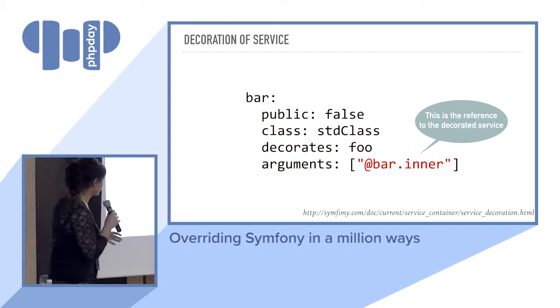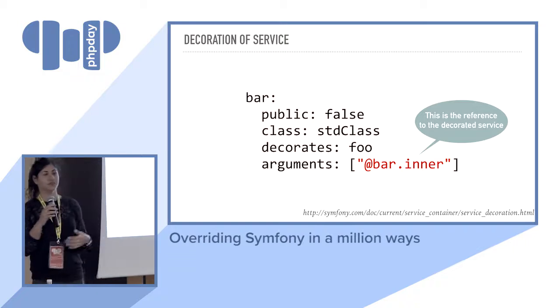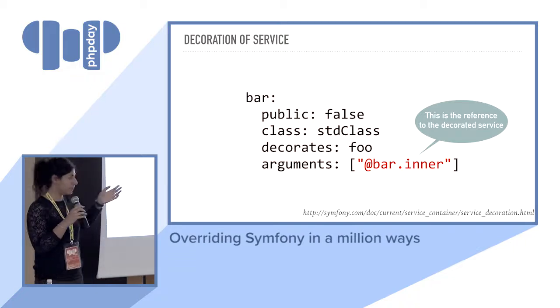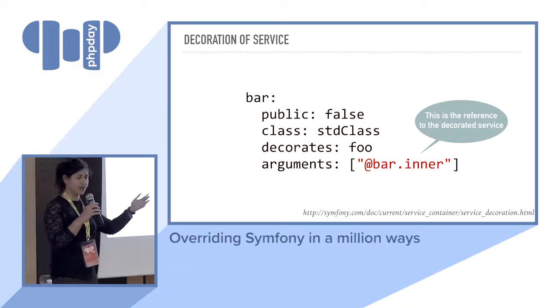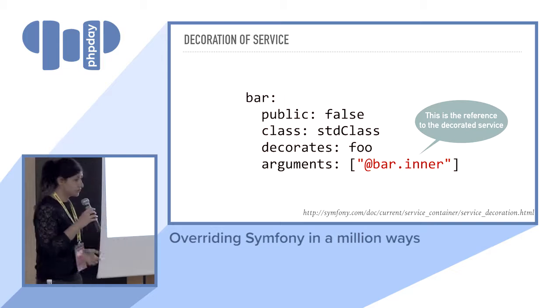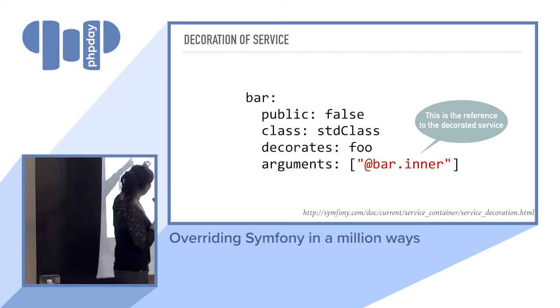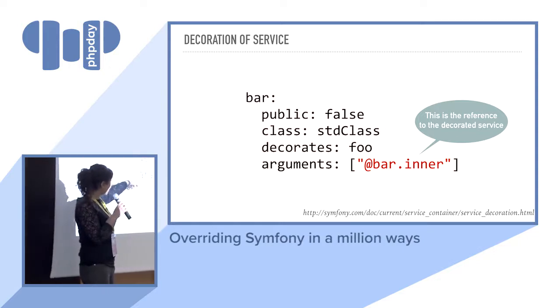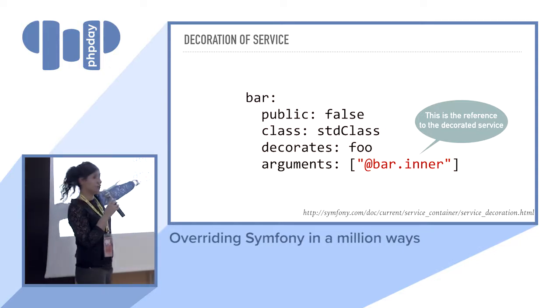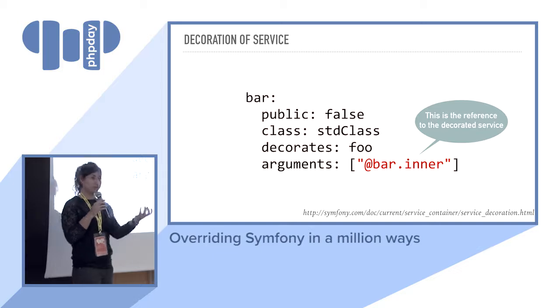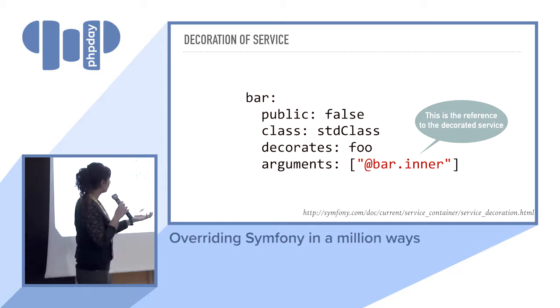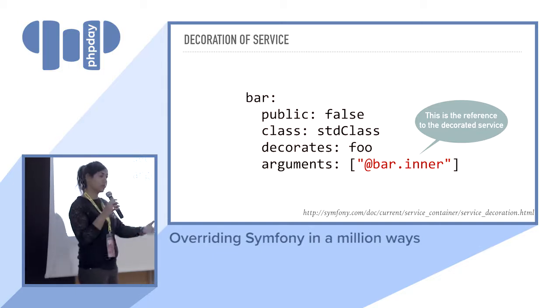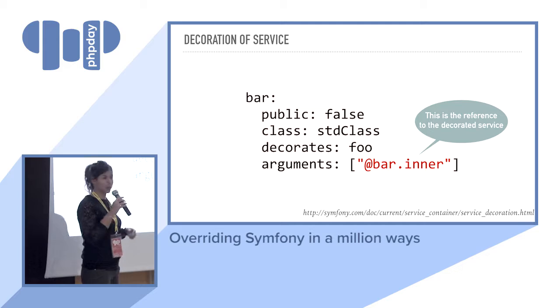Here, I'm saying, okay, I have a service foo declared somewhere, with a class and so on. And I want to override it. So here, I'm just saying the new service bar is going to decorate foo, and I can access the foo service, so the original service, directly as an argument, so a dependence, from the new service bar.